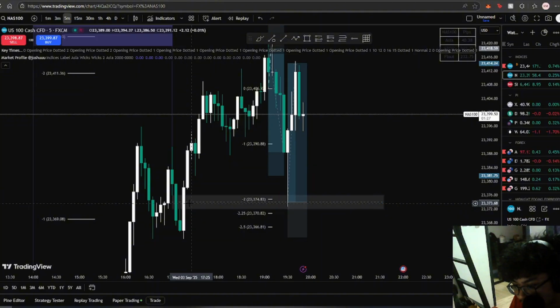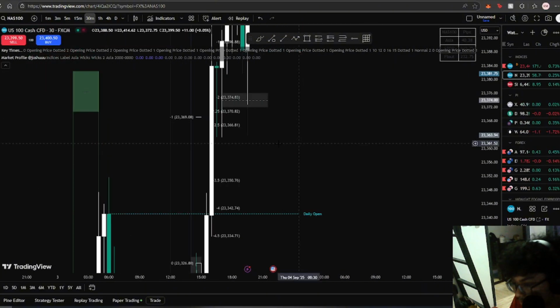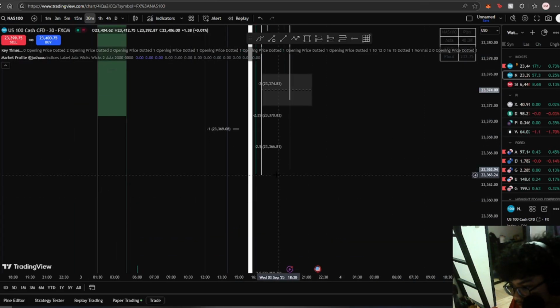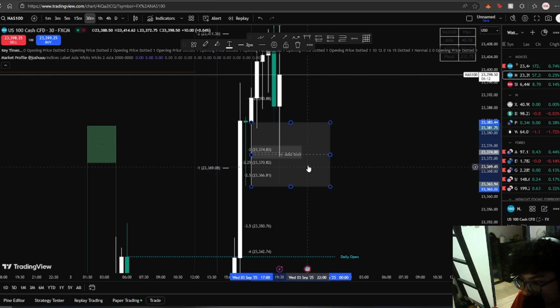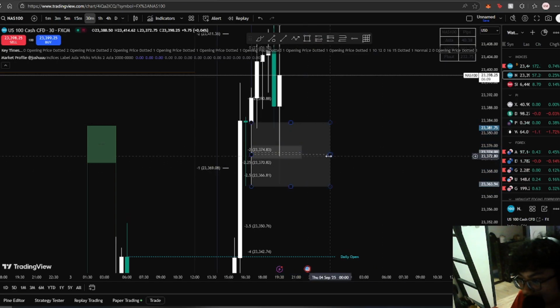I had this 5-minute BPR CE, right? Lined up with -2 roughly. And this, I took this as tapping into that 30-minute fair value gap. So if we mark the CE of this rejection block, it's actually right there as well.